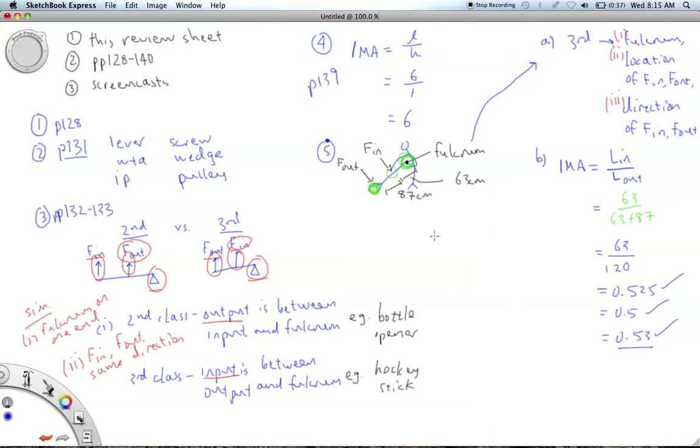Now, let's finish off part C right here. It says, where should she place her right hand if she wants an ideal mechanical advantage of 0.5? So we're really keying in on, let's use black, her right hand. Maybe I should change that question to left hand.